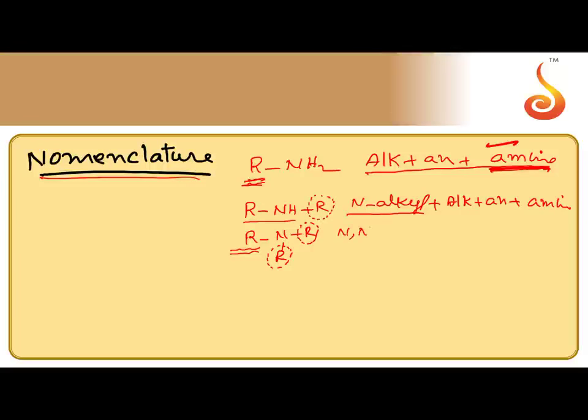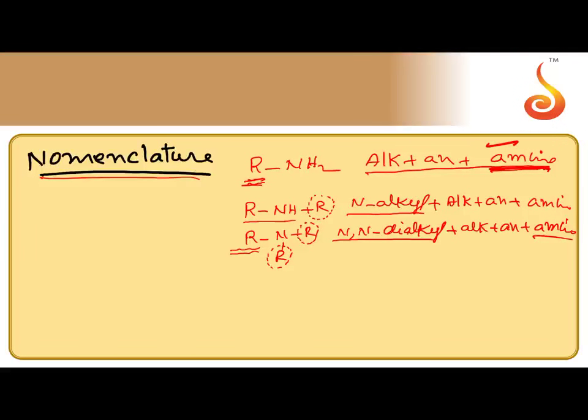If both are identical, we use N,N-dialkyl, followed by alk, followed by ane, followed by amine, along with the position. If the alkyl groups are different, we write them in alphabetical order: N-alkyl, N-alkyl, alkanamine. Let us take a few examples regarding the nomenclature.